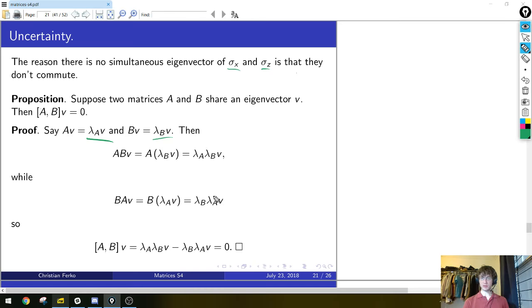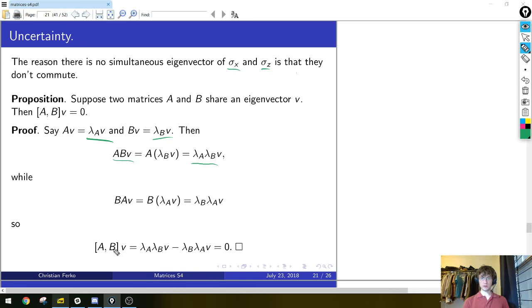Now we'll just compute the commutator. The commutator is AB minus BA. If you take AB on v, well, B on v is lambda b v, and then A on v is lambda a v, so that's simply lambda a lambda b v.